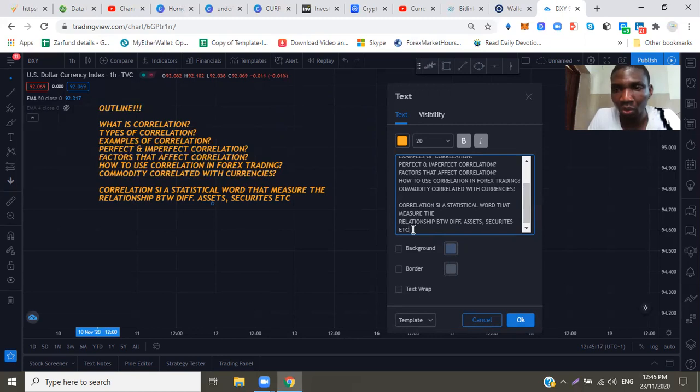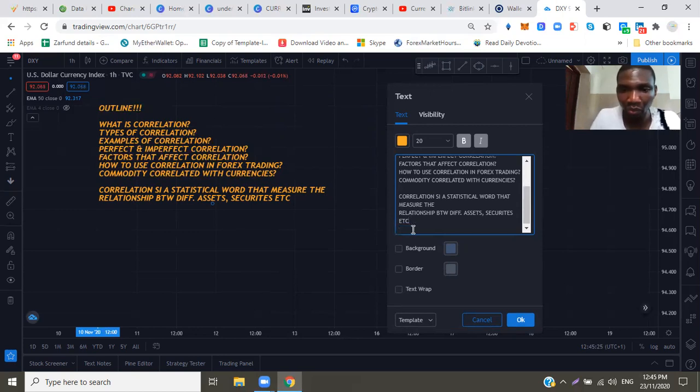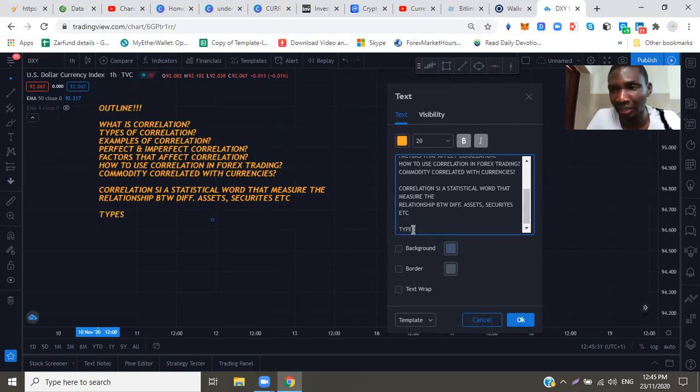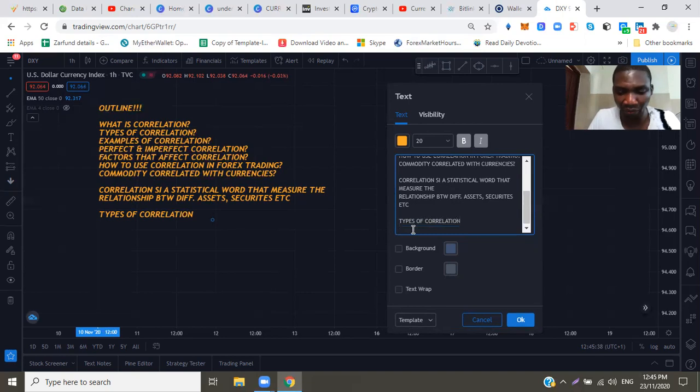When you are measuring correlation, it's a question of whether they are going in the same direction or in the opposite direction. So that's why we talk about types of correlation, which have to do with positive and negative correlation. The first one is positive, and then we have the negative correlation.